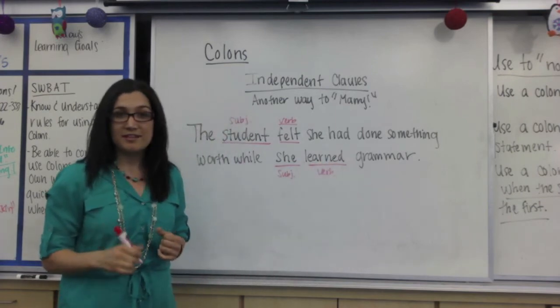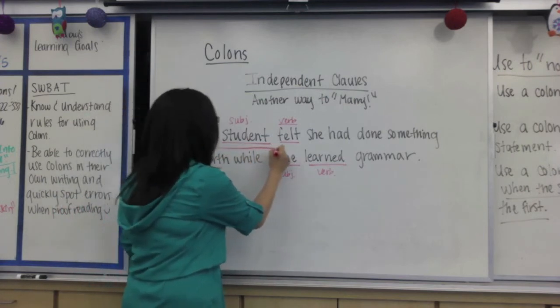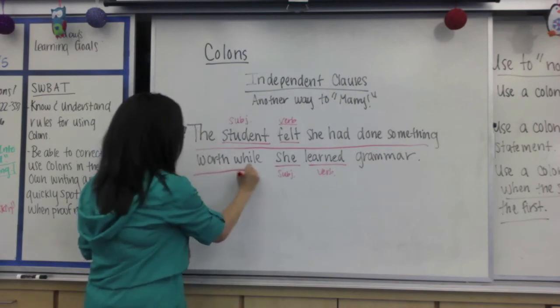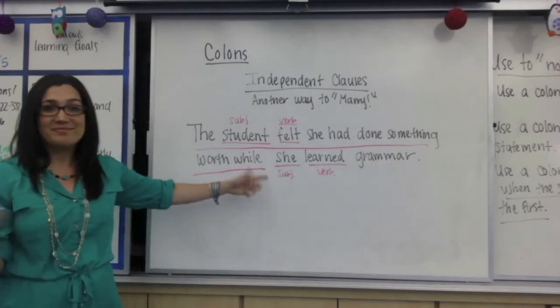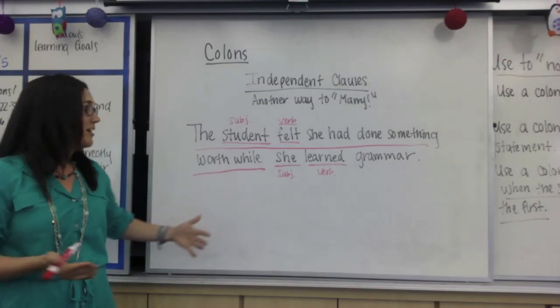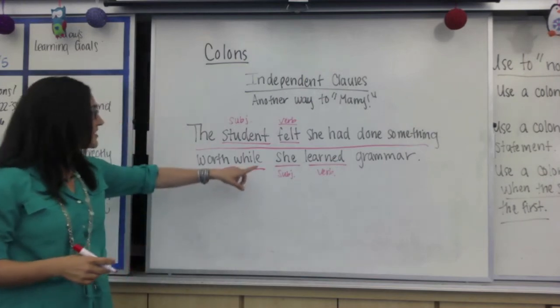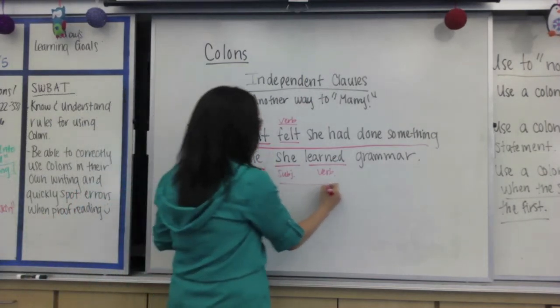Okay, tell me when to stop. Good, thank you. This is where we need to stop. What would I do without you? Okay. So there's our first independent clause. And then our second one, she learned grammar.